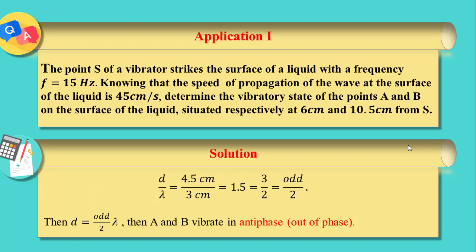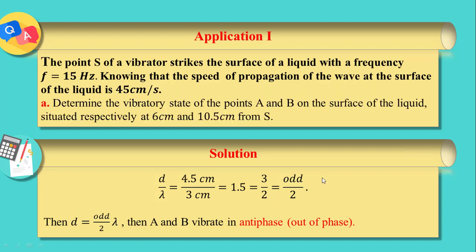Then we divide this distance by lambda, which gives 4.5 divided by 3, which is 1.5, and we know that 1.5 can be written as 3 divided by 2, which is an odd number divided by 2. If we cross multiply this equation, then we have d equal to an odd number divided by 2 multiplied by lambda. Then we conclude that A and B vibrate in antiphase, or out of phase.